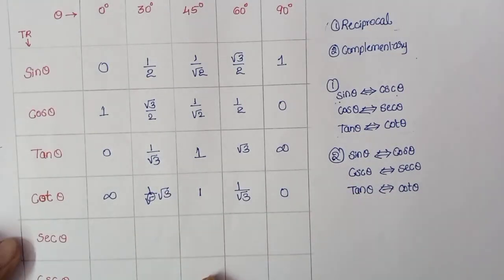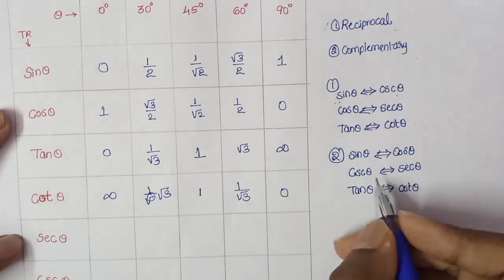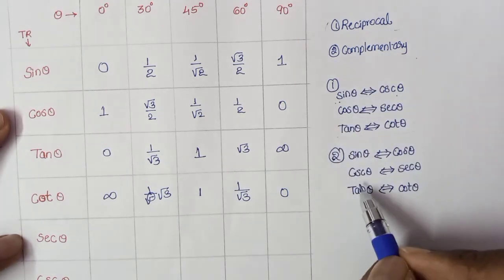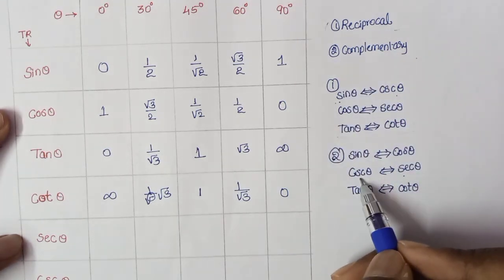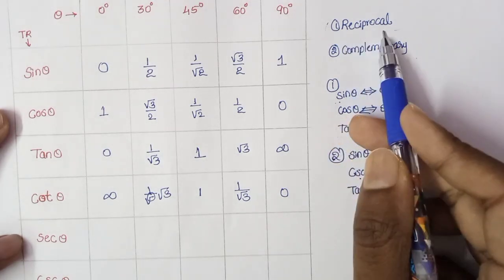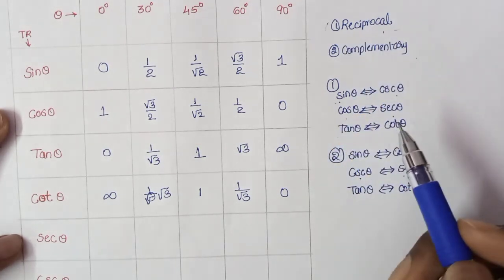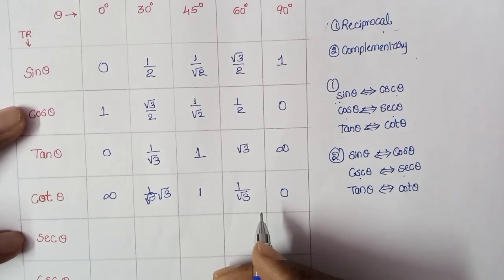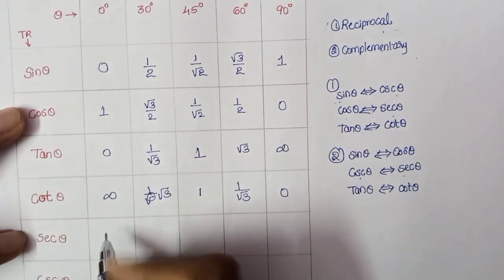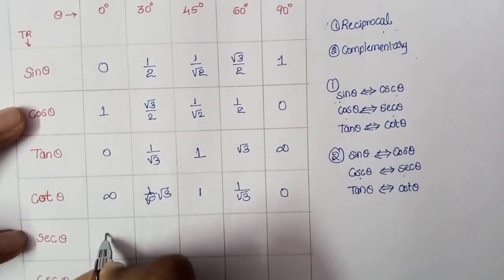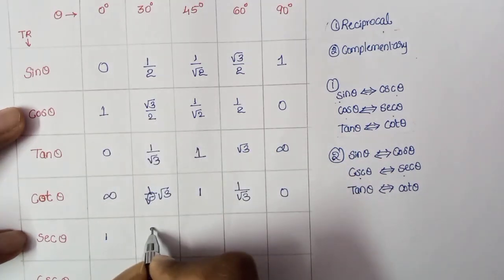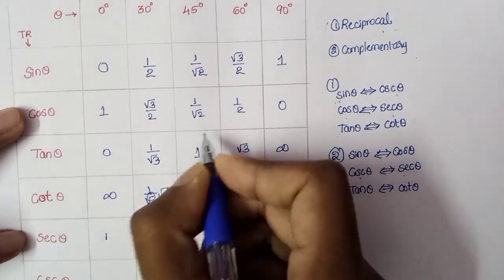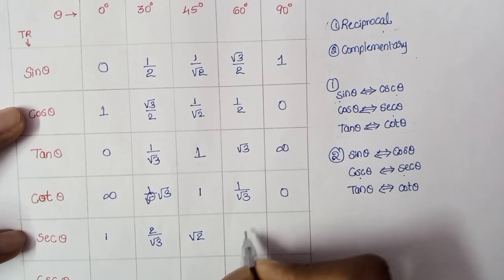Okay. For sec, what is the complementary relationship? For sec, it is cosec, and the reciprocal relationship is cos. So if you reverse it, you will get these values. 1 by 1, 1. 2 by root 3. Here root 2. Here 2.